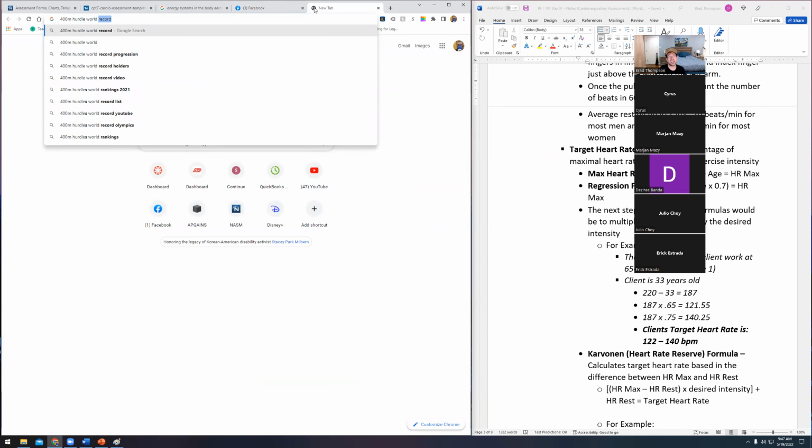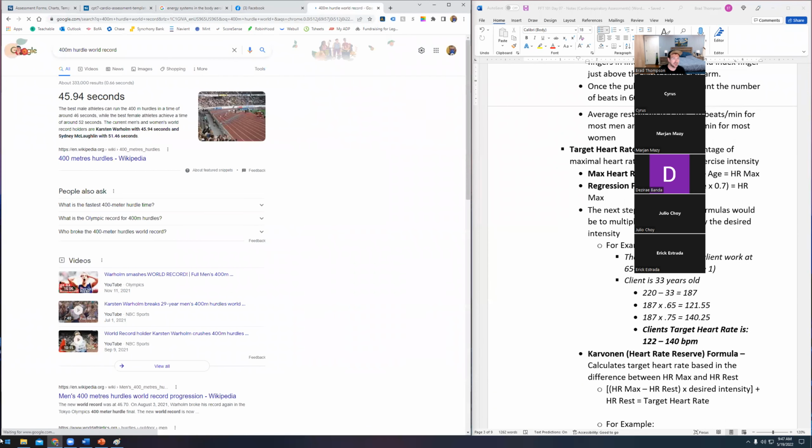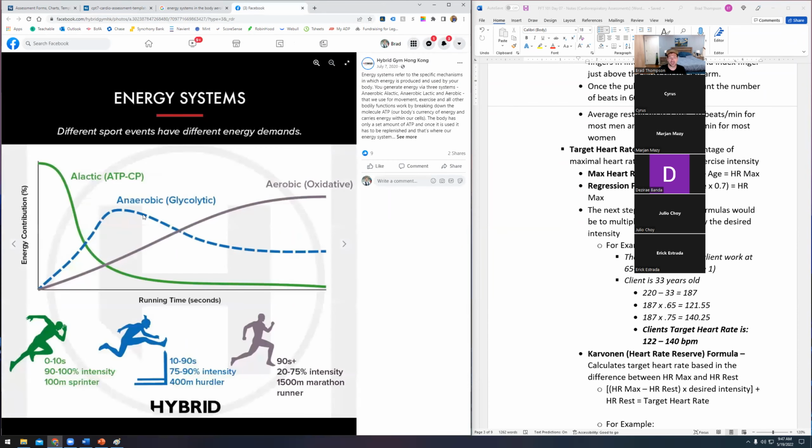Probably anywhere from 40 to 50 seconds. It's 45.94, right in the middle between 40 and 50. So that's very much what we call glycolysis. That's the blue line.